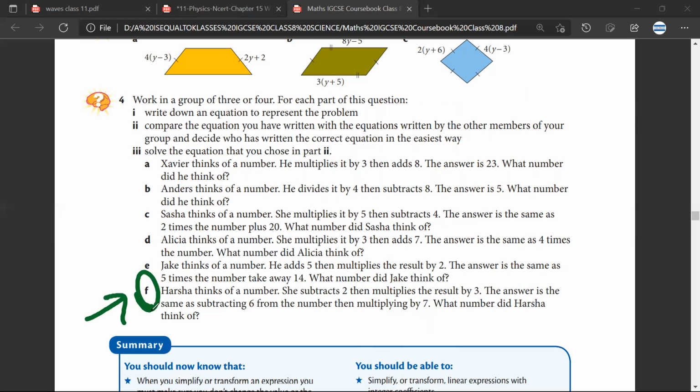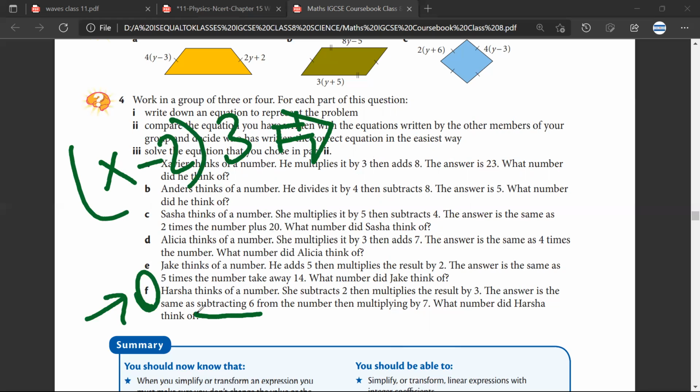So Sarthak, F part. x minus 2 in brackets and into 3, and then in bracket x minus 6 and out of the bracket it will be 7 into 7.